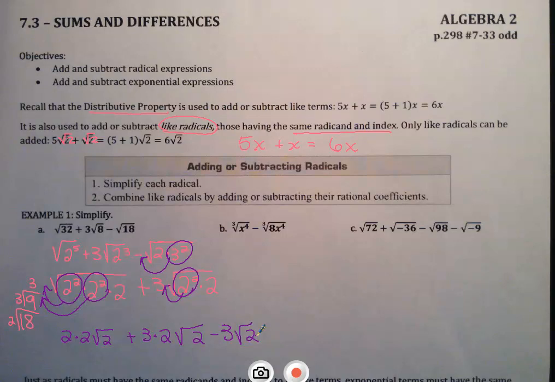Then 2 times 2 is 4 times the square root of 2, plus 3 times 2 is 6 times the square root of 2, and then minus 3 times the square root of 2. The square root of 2 is my like radical, so now I'm only worried about the numbers in front: the 4 plus 6 minus 3, which is 7. So my answer here is 7 times the square root of 2.